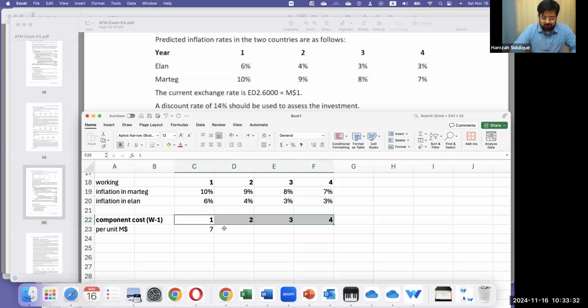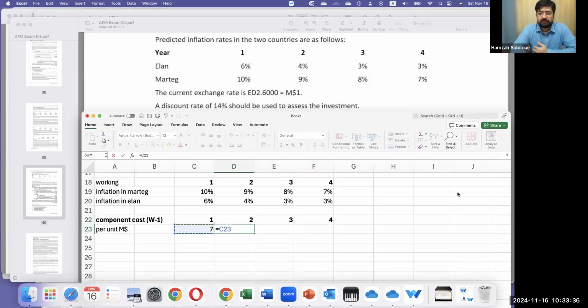So, per unit cost in dollars, this 7, we have to increase it. Yes, into 1 plus this 9%. Okay, I have applied a formula.